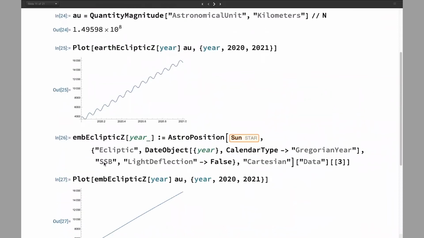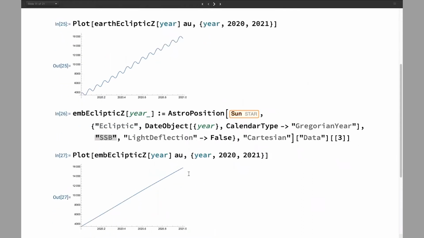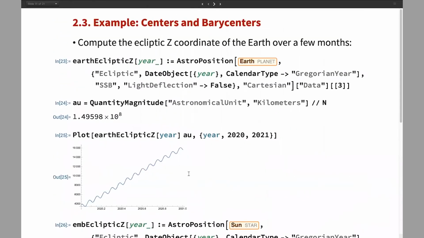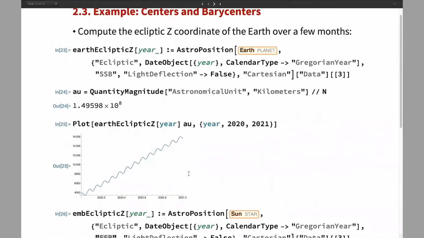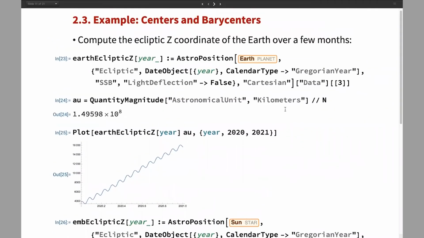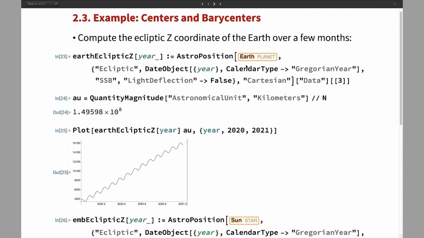Now we are looking from the solar system barycenter. What I'm trying to introduce is that, rather than looking at the Earth, we look at the Earth-Moon barycenter, and by doing that we eliminate this oscillation here.